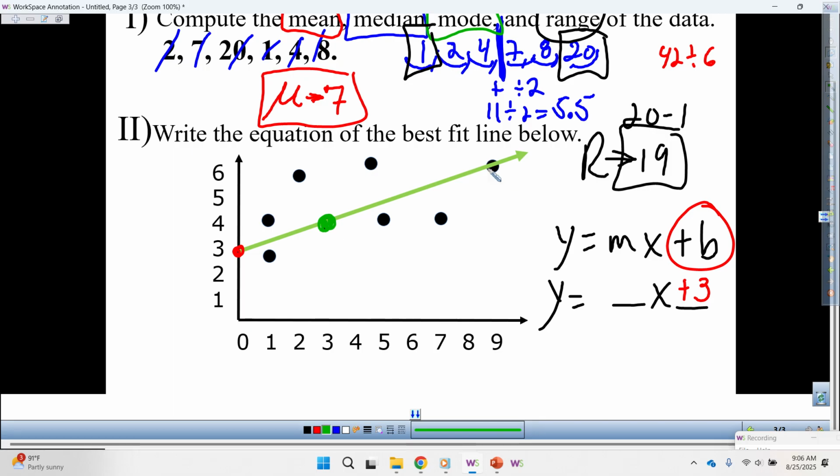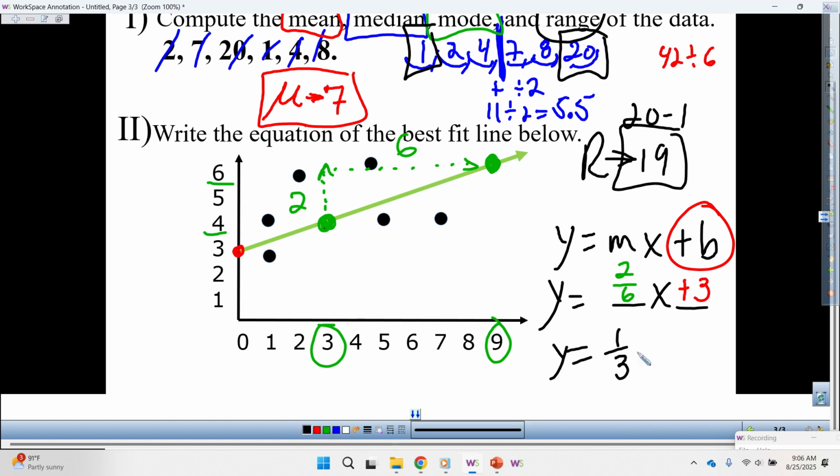To get from one point to the other, I go up and then to the right. From 4 to 6 is 2 steps up, and on the x, I'm at 3 and going all the way to 9. So how many steps? 6. So the slope is 2 over 6, and if I simplify that, y equals 1/3 x plus 3.